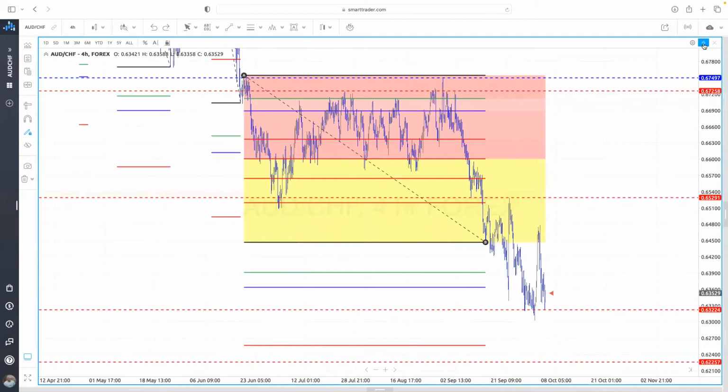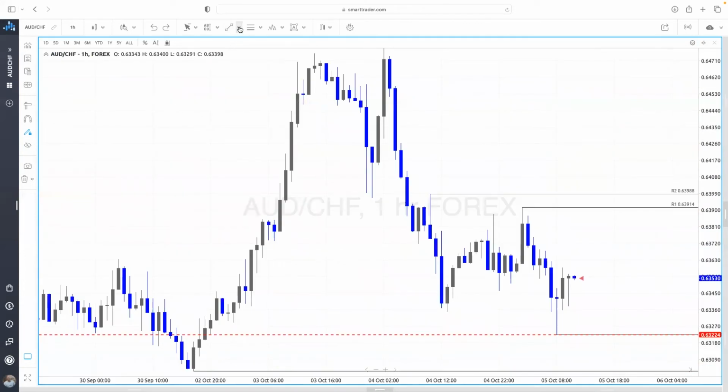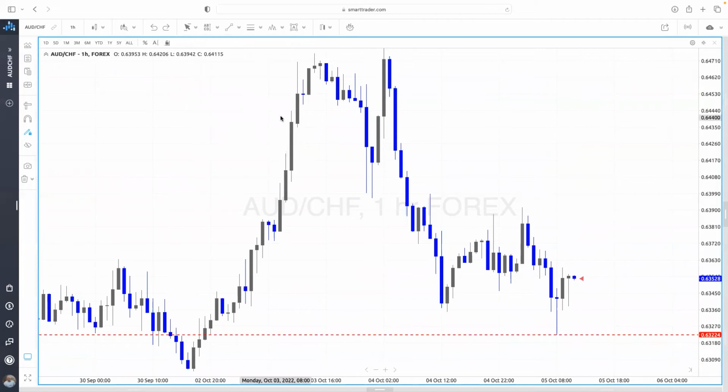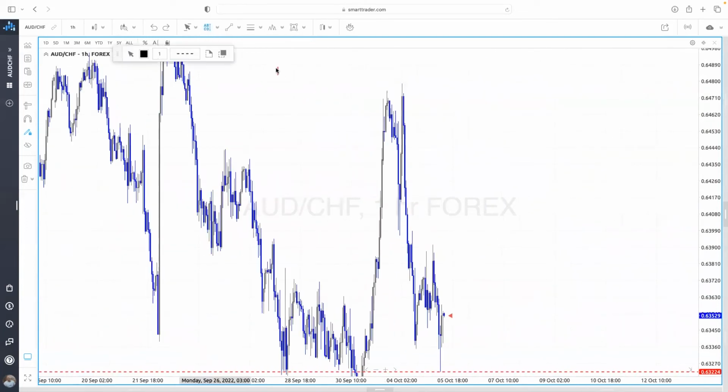Okay, so now as we get down to the 1-hour time frame, we want to take a look for our potential entry opportunities. In doing so, we'll run our fib from the high to the low.